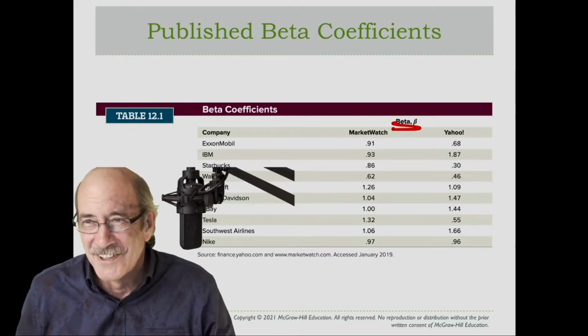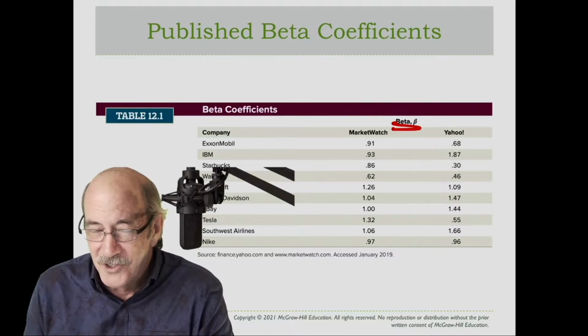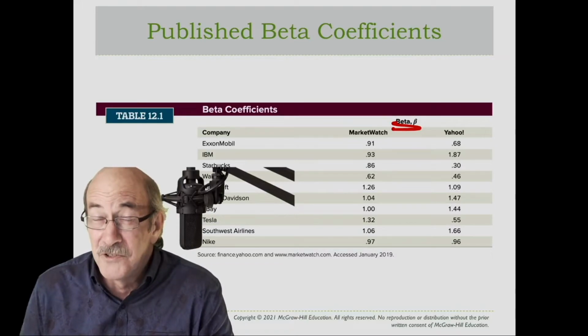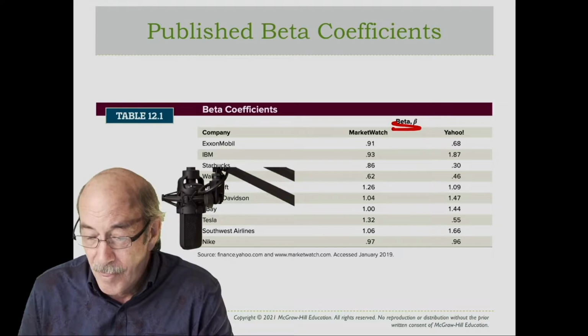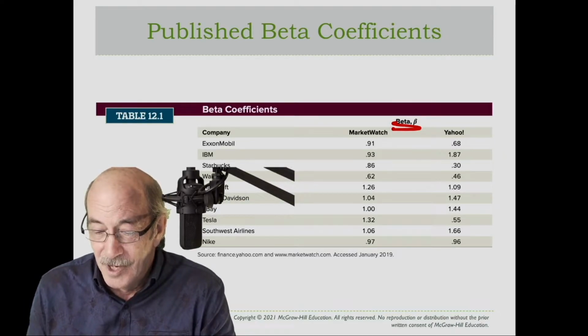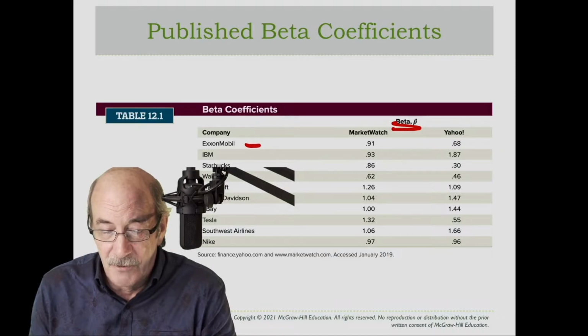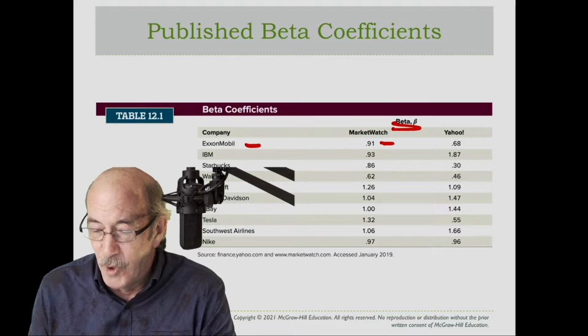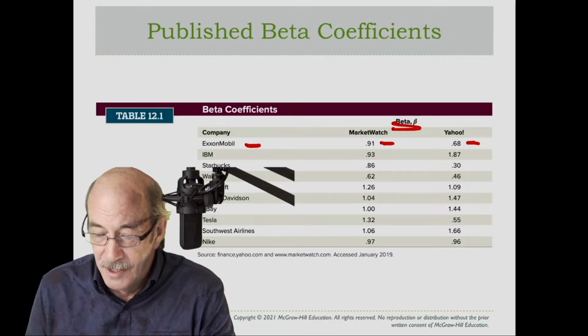I don't know where she is, but so when we calculate these betas, as you're all finding out, we're not always getting the same numbers. If we look at any company, here we've got ExxonMobil. MarketWatch came up with a beta of 0.91 and Yahoo has 0.68.